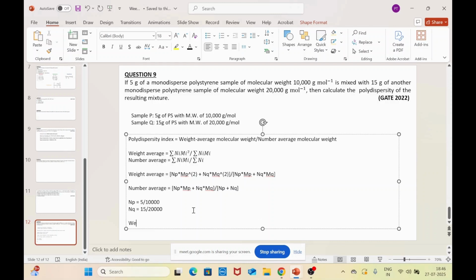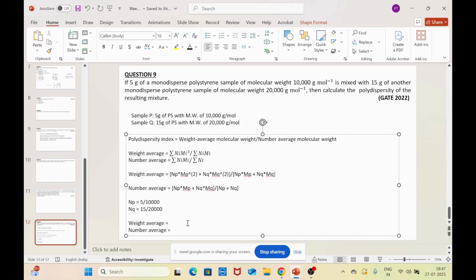You need to tell me what is weight average and what is number average. It's better to calculate this in the form of fractions so that you can solve it fast, of course without a calculator.